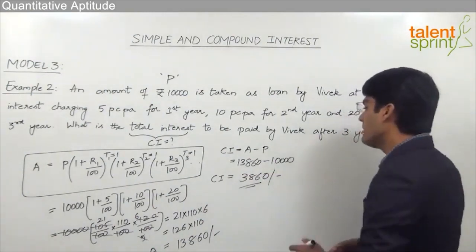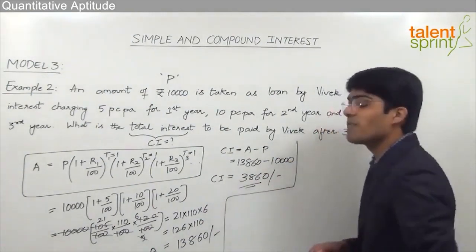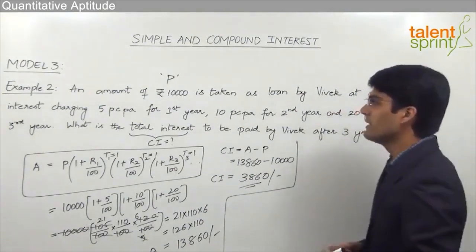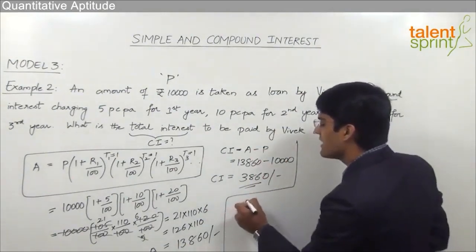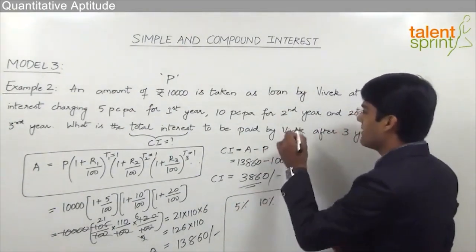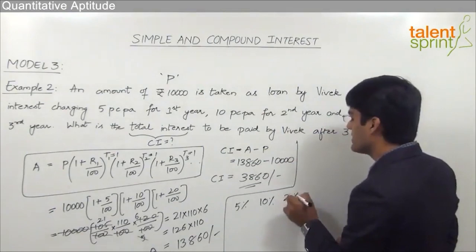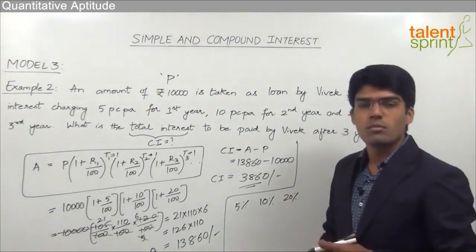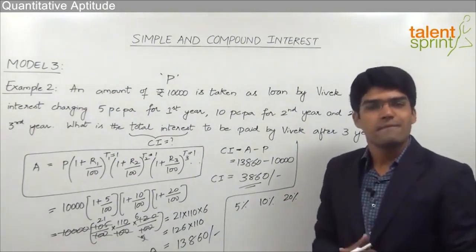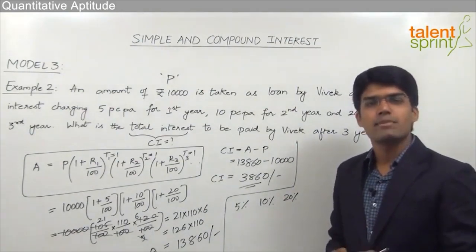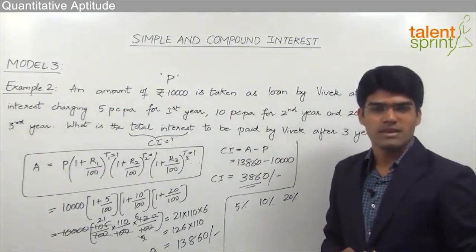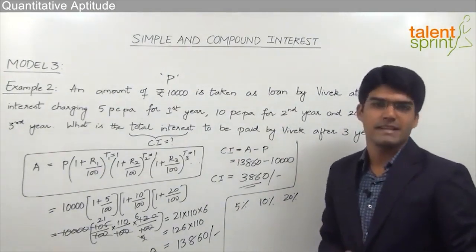Instead of this, we can again use the concept of percentages to find out the required answer. For example, here we know that in the first year the rate of interest is 5%, for the second year it is 10%, and for the third year it is 20% per annum. Now, as discussed in model 2, compound interest can always be calculated as net or effective percentage, that is A plus B plus AB by 100%, where A is the rate of interest for first year and B is the rate of interest for second year.